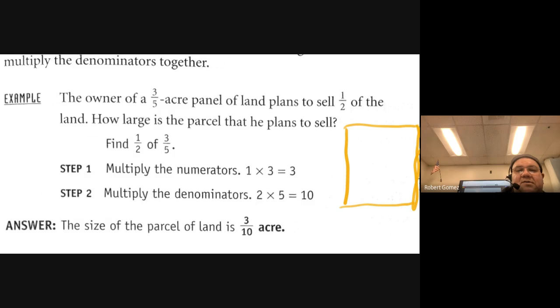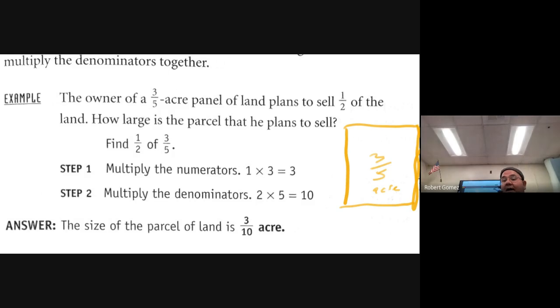So okay, I have a panel here, and this panel is 3/5 acre, which means that it's less than that 43,000 square feet, right? Remember, 1 acre is 43,000 plus square feet. This is less than that.